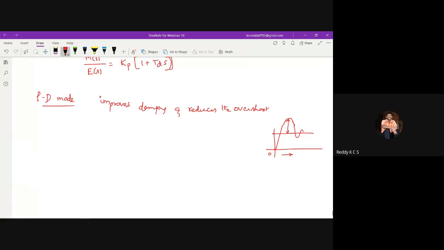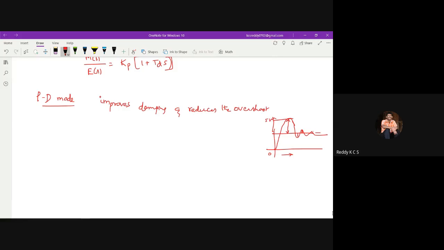Here is also an overshoot. This is called undershoot, and this is called overshoot. So this is called first overshoot, second overshoot, and third overshoot. The first overshoot should be reduced. It should not go to the maximum value of the output.